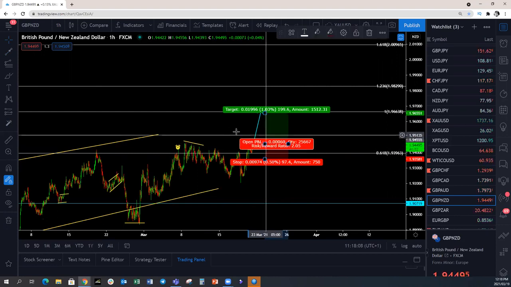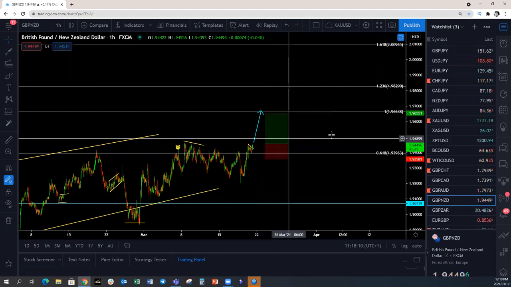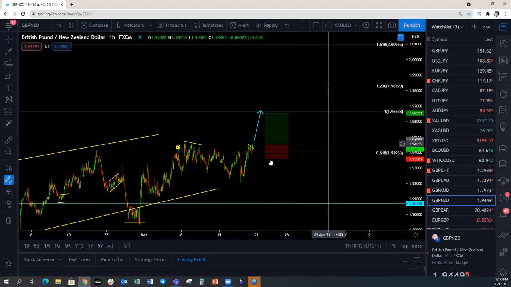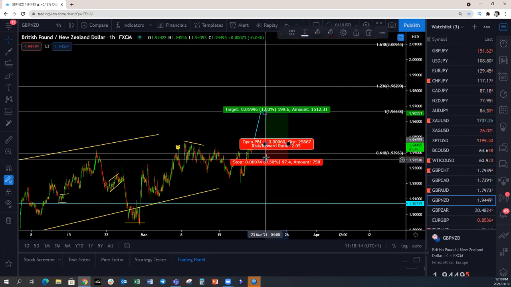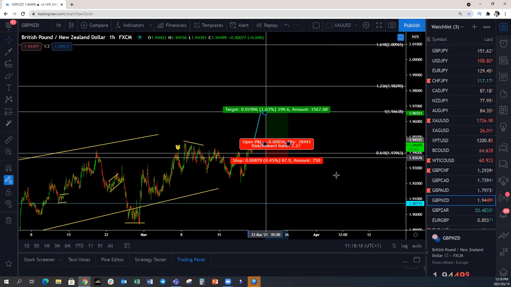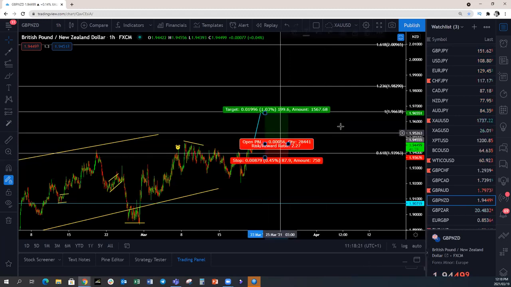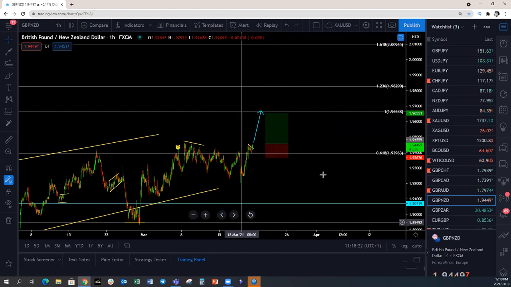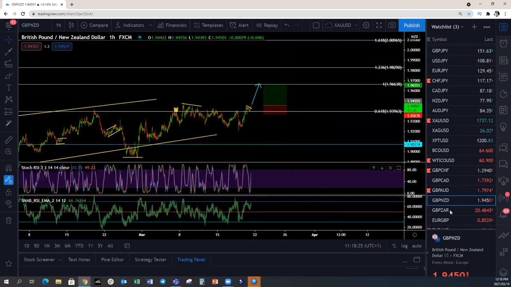Just want to fix this up so we can get the entry right. Right, that's it. Looks good for upside. That is Pound New Zealand.